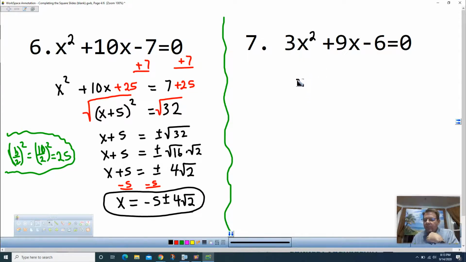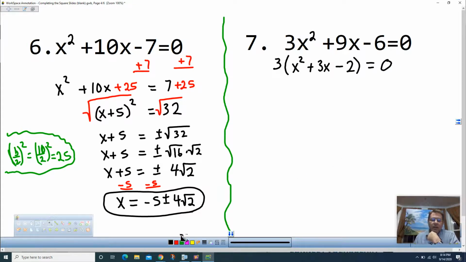Something we haven't mentioned, but something we always need to be doing is checking if there's a common factor, right? Is there a common factor? Yes, there is. So we could rewrite this as pulling out the 3: x squared plus 3x minus 2 equals 0.